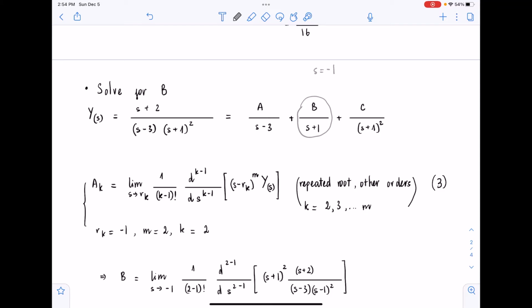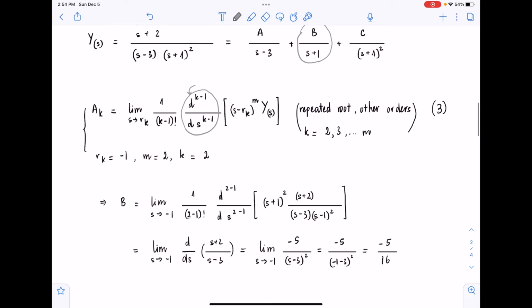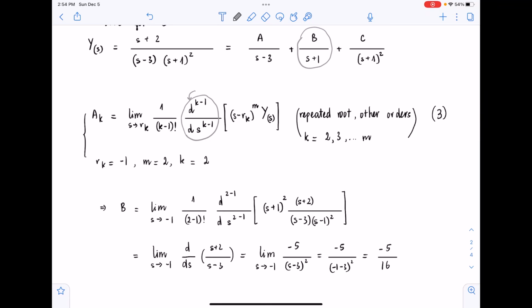In this case, k will be equal to 2. One mistake people often make is that d is not a constant, but this is a derivative. Plug in all the parameters. Eventually you will get B equal to minus 5 over 16.